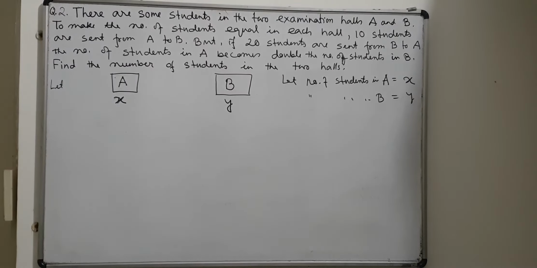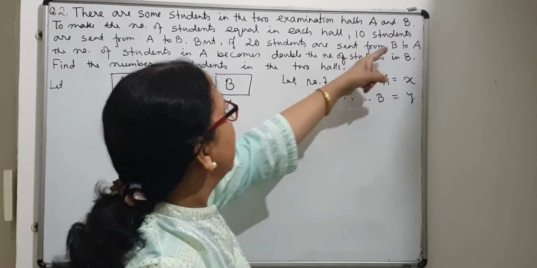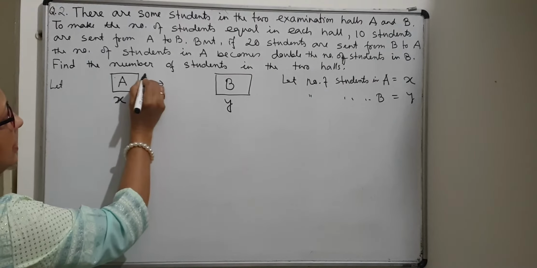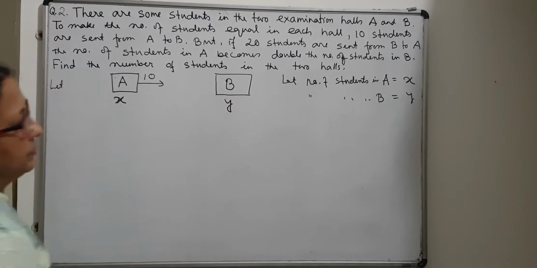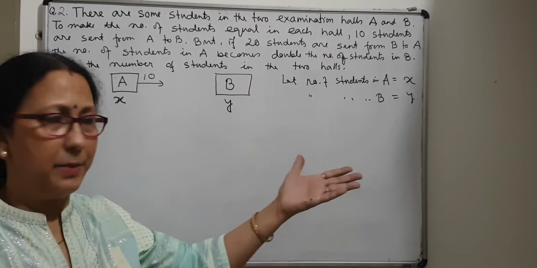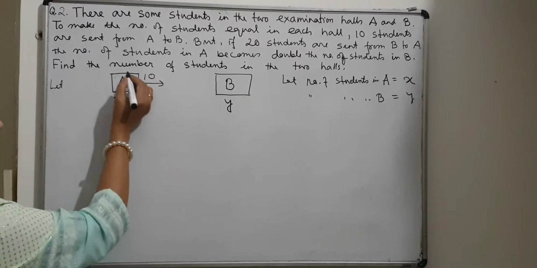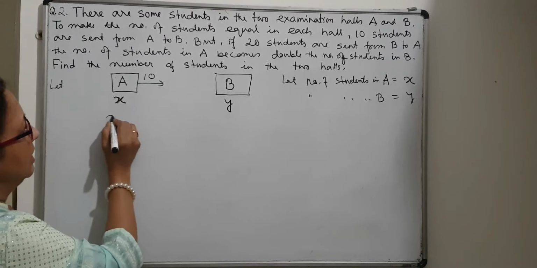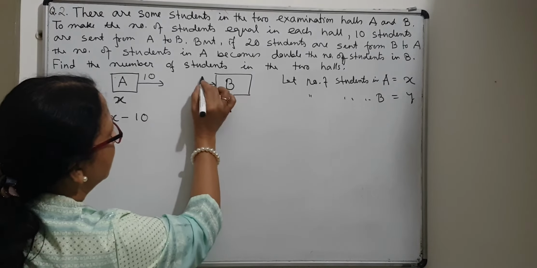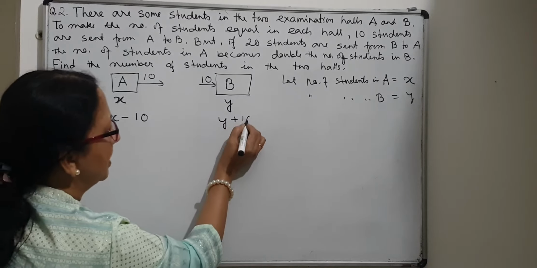Now what is given in the question? To make the number of students equal in each hall, 10 students are sent from A to B. That means 10 students are sent from A to B. Then what happens? The number of students in each hall will be same. So when 10 students are sent from A to B, what will be the number of students left in hall A? It will be x minus 10, and 10 students have come here, so the number of students in hall B will be y plus 10.